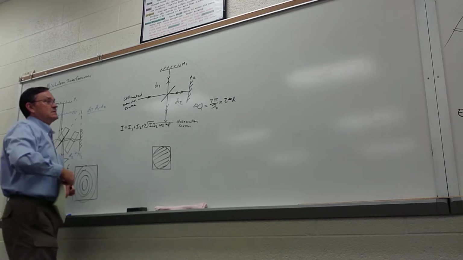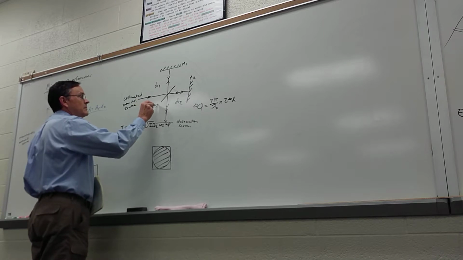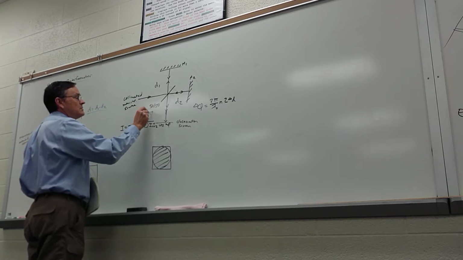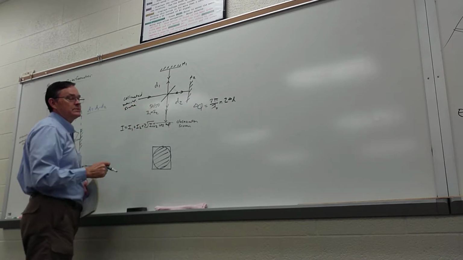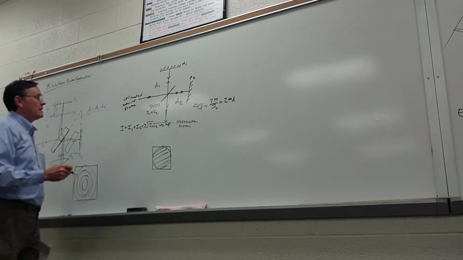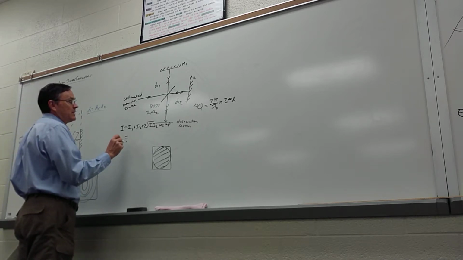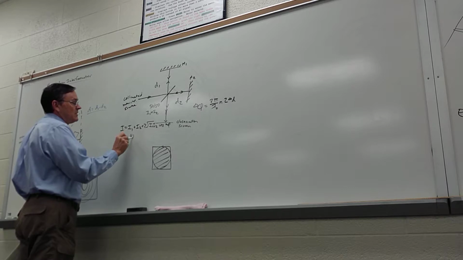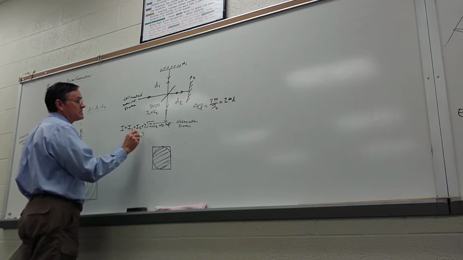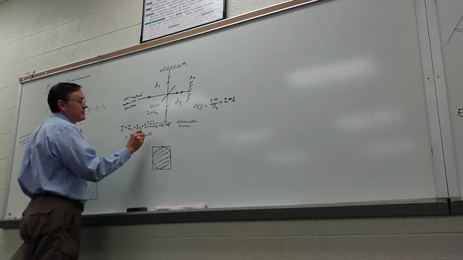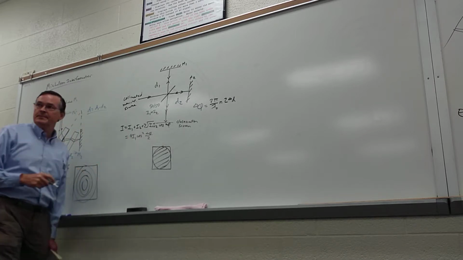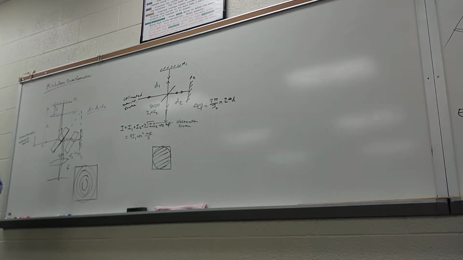Okay, and then as long as this is a 50-50 splitter, then I1 is going to be equal to I2. And so we have basically 4I1 cosine squared of delta phi over 2. Now, why is it cosine squared instead of sine squared?